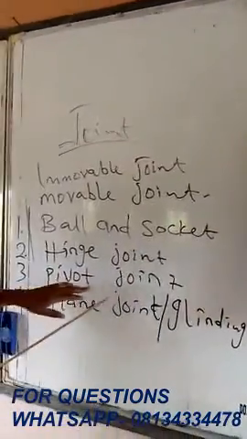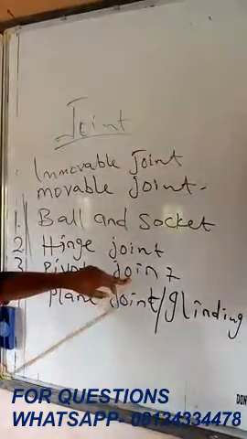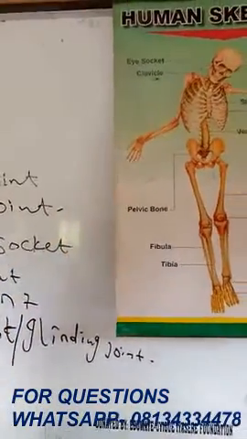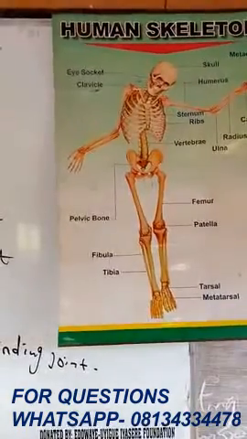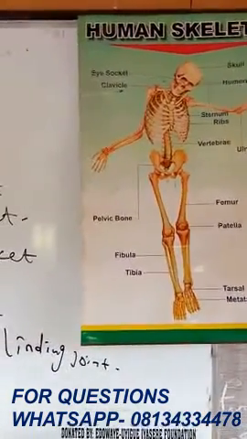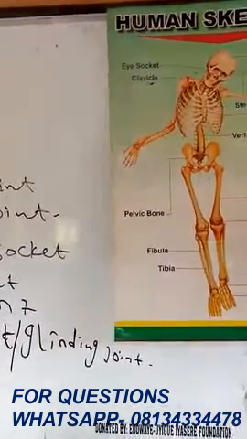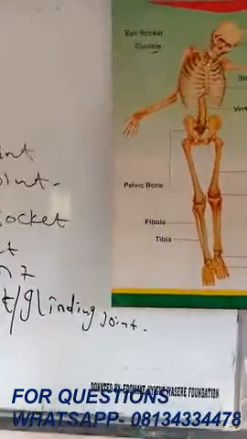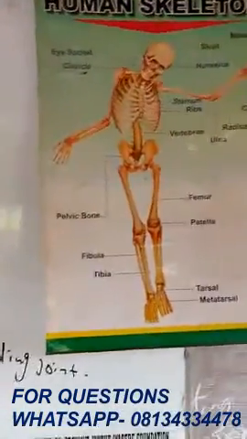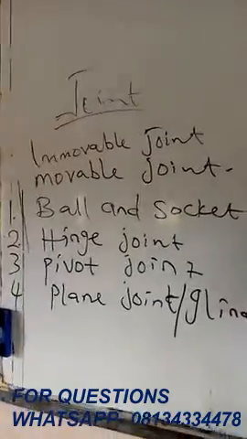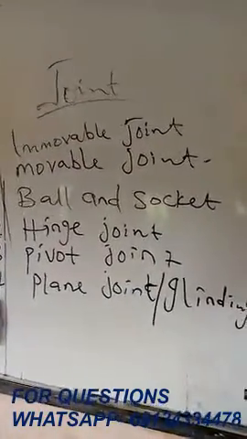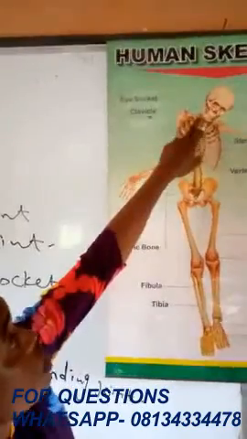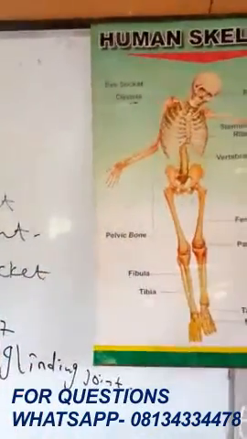Then the pivot joint is the joint at the cervical vertebra. The pivot joint allows nodding rotational movements. It is found in between the two cervical vertebra, which is the atlas and the axis.